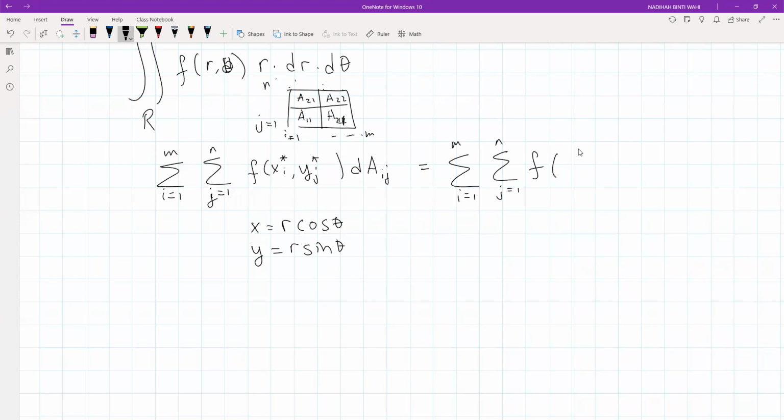So if you plug this back, you will have f(r_i star cosine theta_j star, r_i star sine theta_j star) r star, delta r, delta theta.